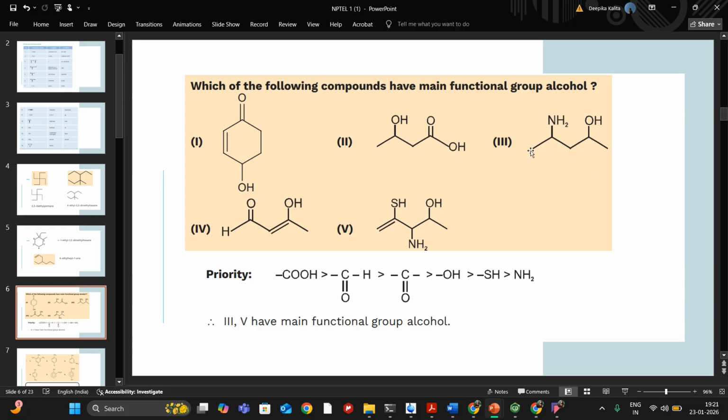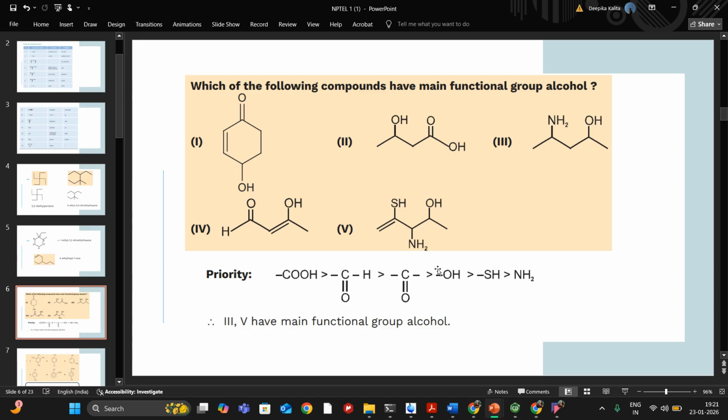So in 3, where we have the amine group, this will be an alcohol as the main functional group. And here as well, we have only amine and thiol, which have lower priority. So this alcohol will also possess the hydroxyl group as the main functionality.